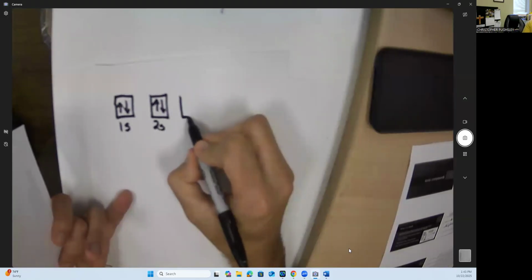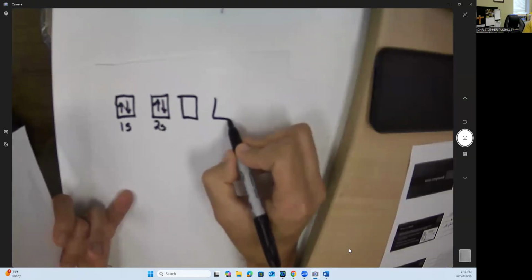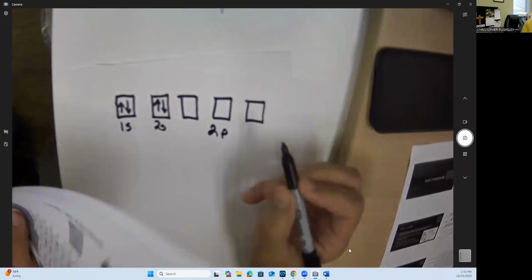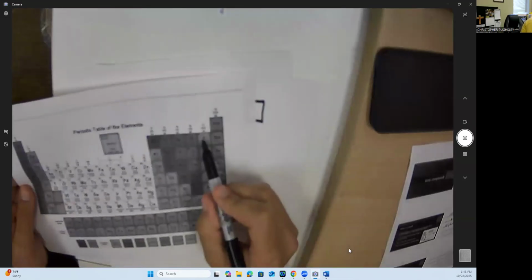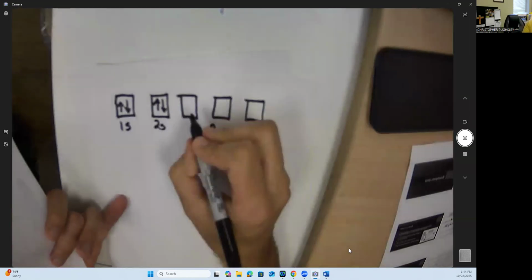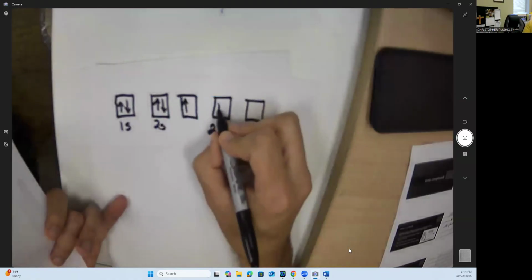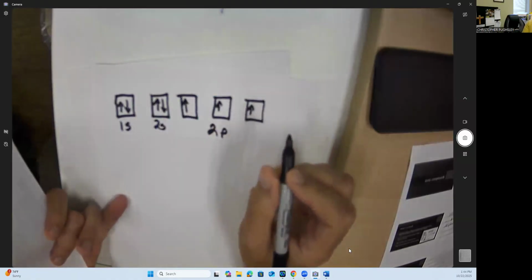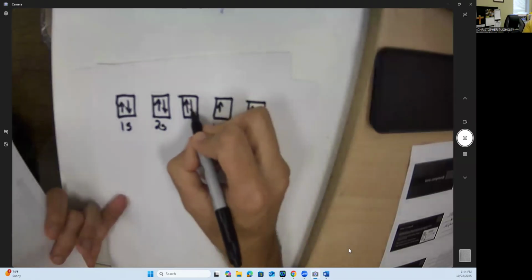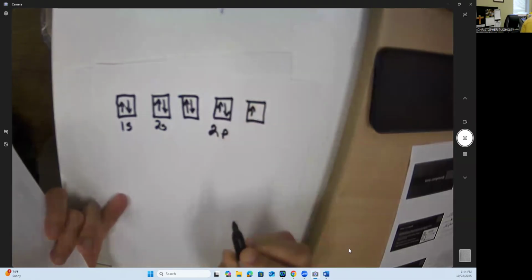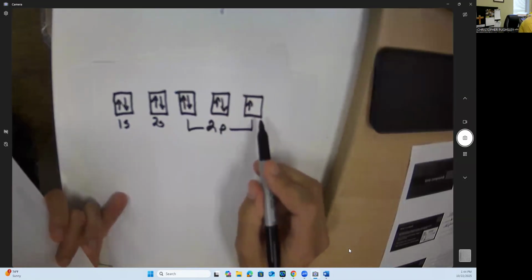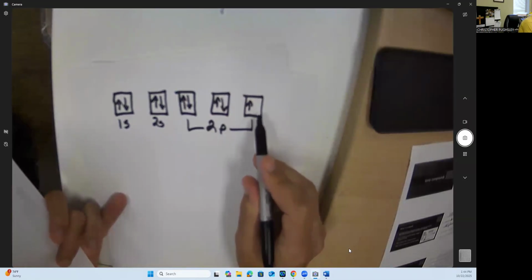And then we've got our 2p orbitals. We have a total of 9 electrons for fluorine. We've already done 4, so 5, 6, 7, 8, 9. And those are all the p orbitals. Now, it is one short of that last one being full.